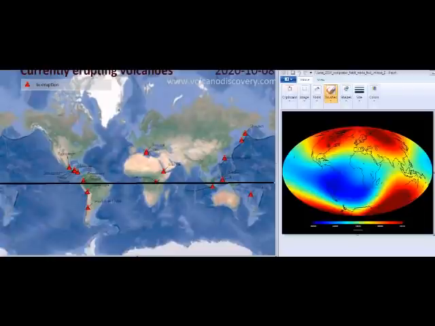And again, just because the poles are migrating doesn't mean that there's nothing else taking place in the core of our Earth, because it is an indication of exactly that. There is a mass movement of material in our core, which usually rotates in one direction and sets up our magnetosphere that we enjoy right now.